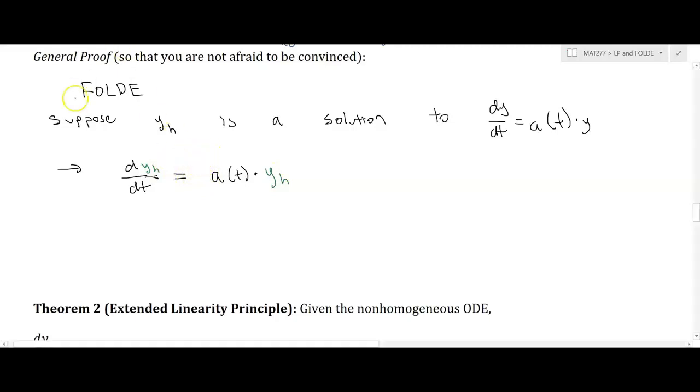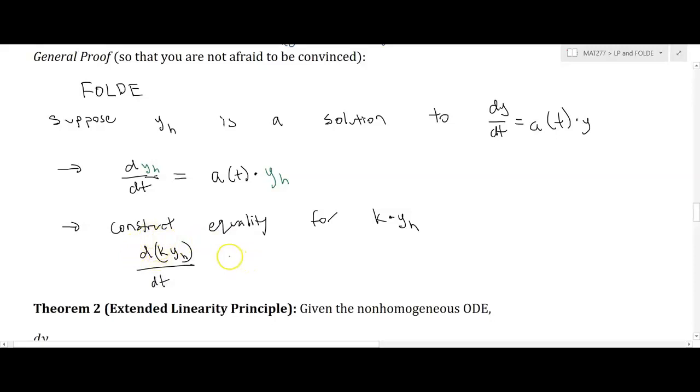So if that's the case, let's now check or construct the equality for k times y sub h. So if all I were to do here is take the derivative of k y sub h with respect to t, right?